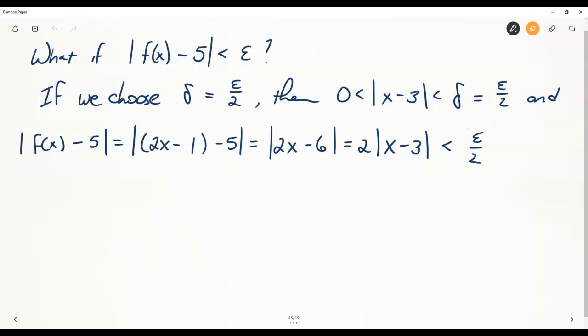And now, using the same kind of arithmetic from the previous screen, absolute value of f of x minus 5, I just substitute what f of x represents, simplify it, and when I get to this step, after I factor out the greatest common factor, what I am hoping is that this absolute value right here is exactly the same as the absolute value from our delta substitution.